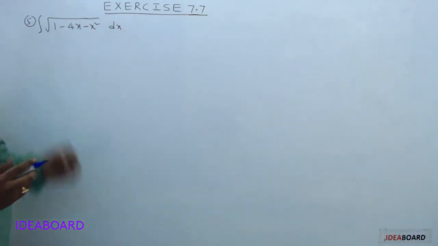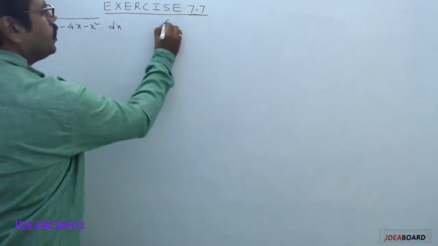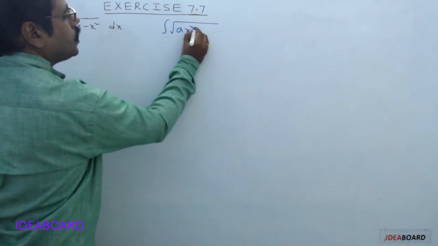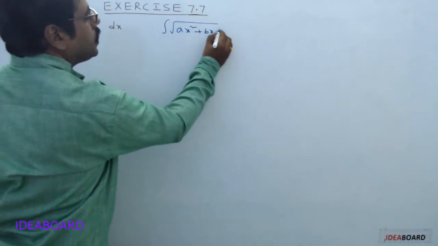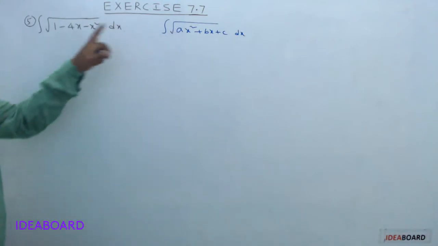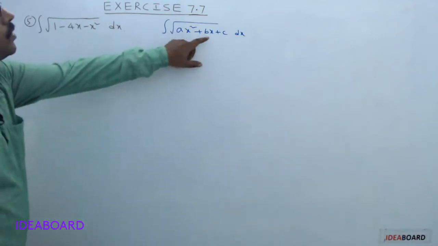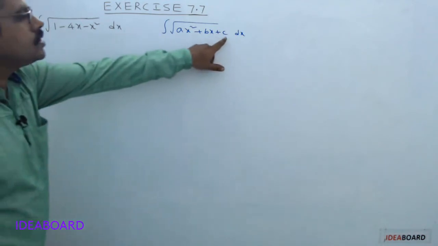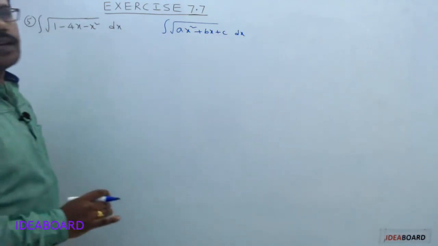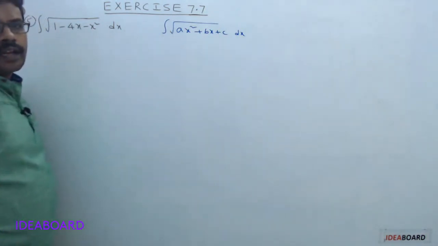Clearly, your given problem is of the form integral square root of ax square plus bx plus c dx. Here a value is minus 1, b value is minus 4, c value is 1. Now, how to evaluate this type of integrals?